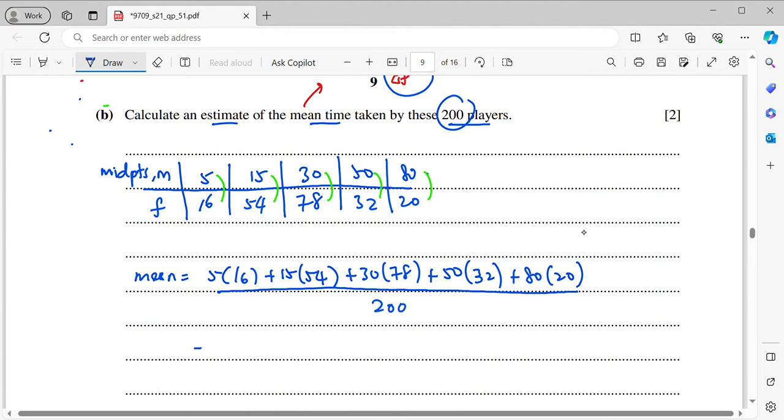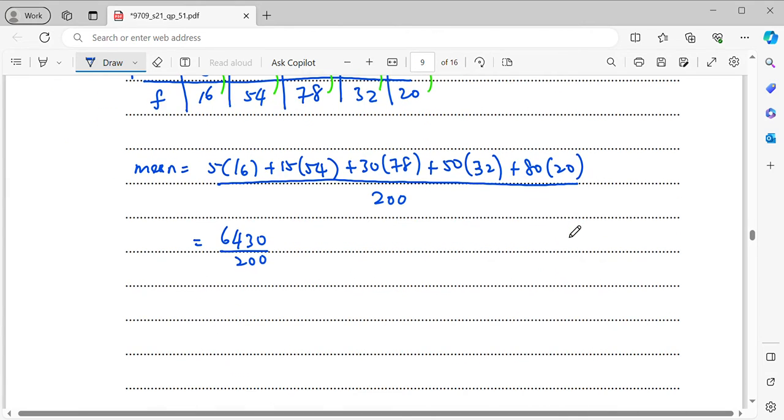Then from here, you will get 6430 over 200. And at last, it will be 32.15. And now I round up to 3 significant figures. It will be 32.2. So that is our mean.